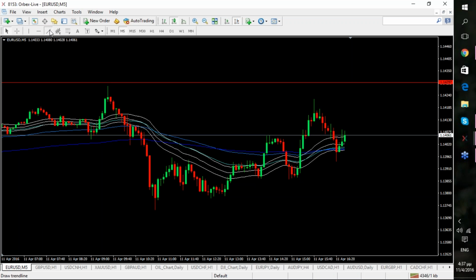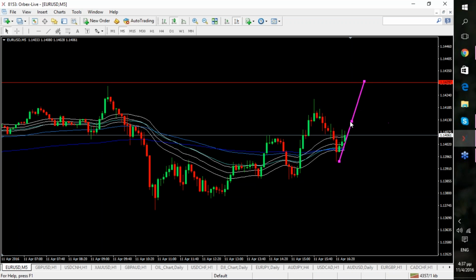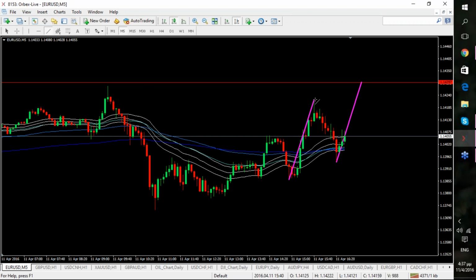So let's just draw that pattern right away. We've got AB here, and we have got CD there, and it's exactly on the dot of what we have drawn previously using the Fibonacci area. So that's my AB, and this is my BC here.